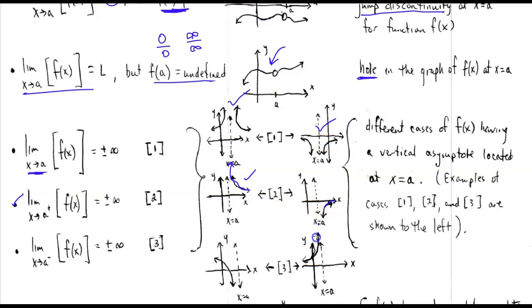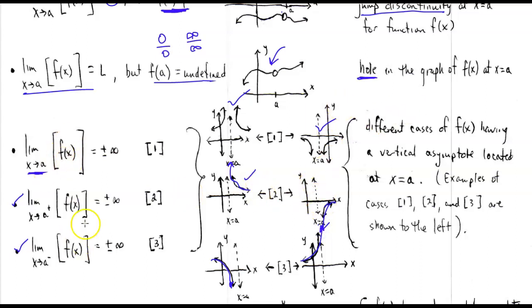And let me erase that because I kind of crossed over the vertical asymptote there and I shouldn't have. So it's more like this, okay? And of course, if we're only looking at the behavior of this function on the left side of x equals a, if we answer with negative infinity, the graph goes down like this. If we answer with positive infinity, the graph goes up like this, okay?